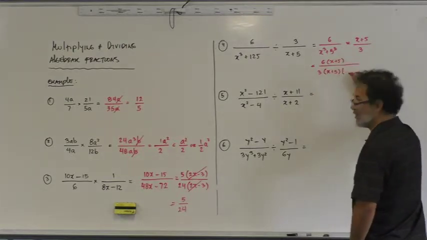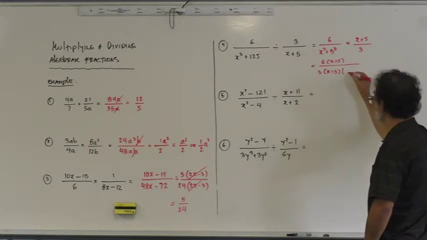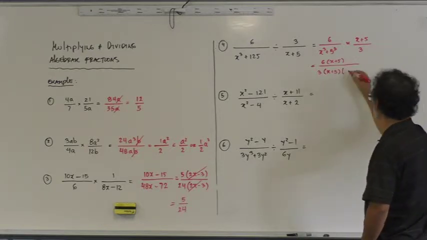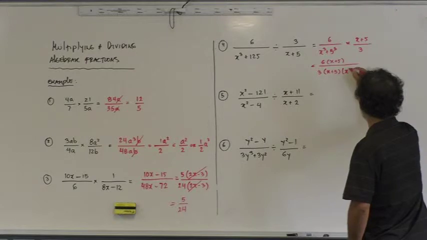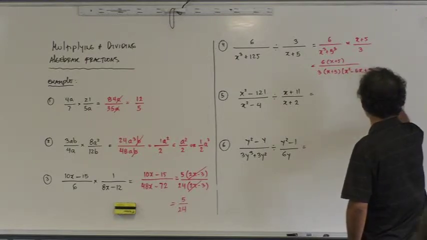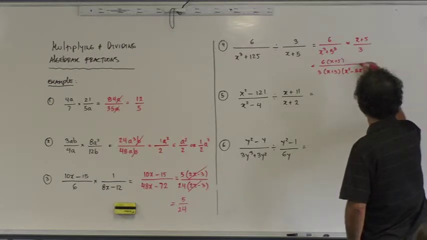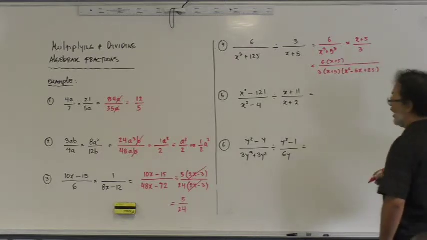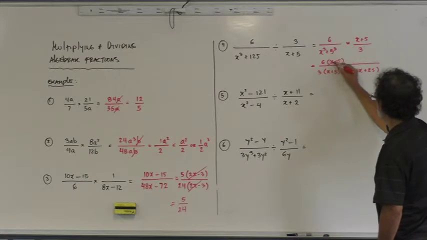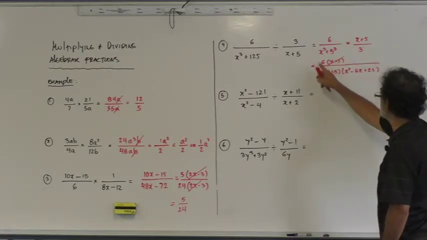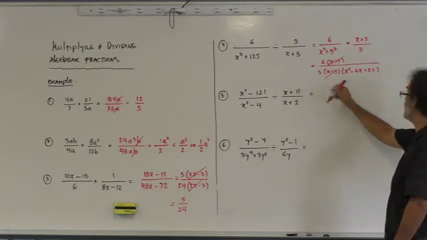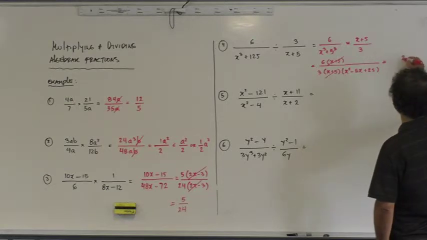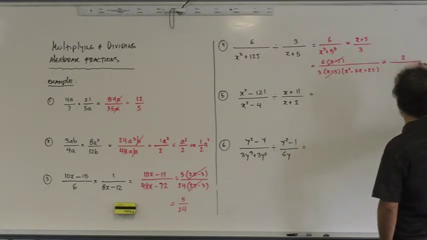And then, what else? Ethan, you tell me. Then we've got x squared minus 5x plus 25. Yes. Okay, and then we can simplify this, and also we can do 6 divided by 3, which is 2. So that means that the answer is going to be 2 over x squared minus 5x plus 25.